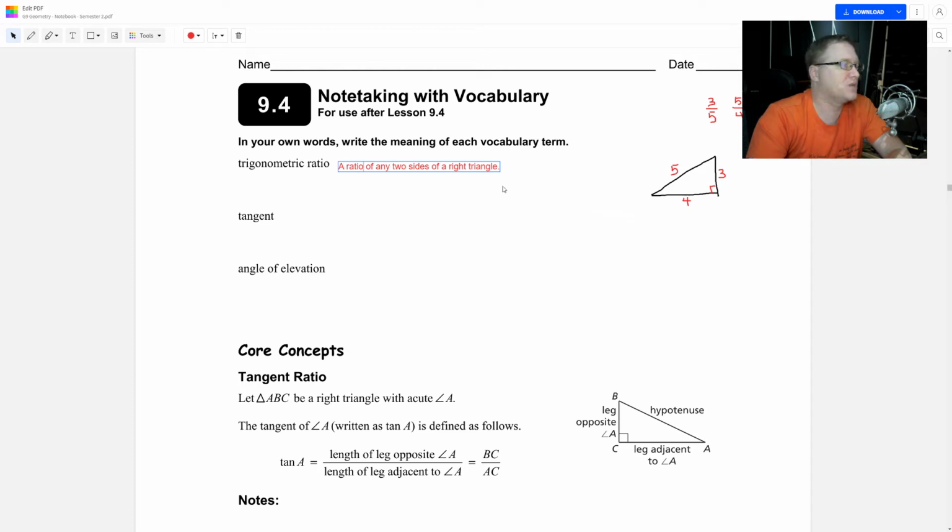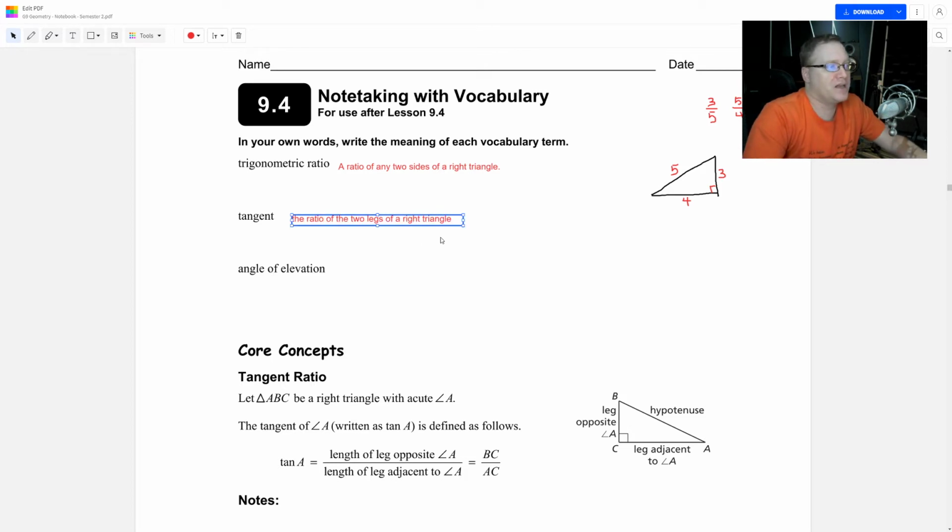All right. So let's write down our definition here. So what is the tangent? It is the ratio of the two legs of a right triangle. All right.